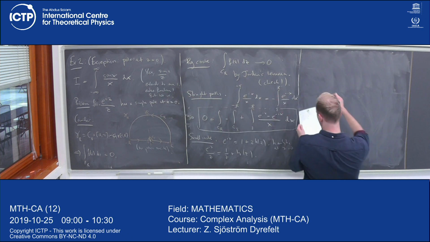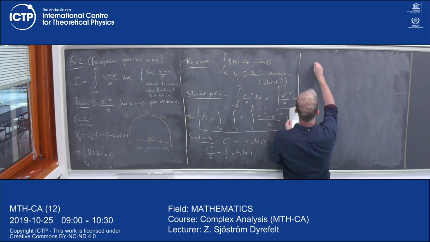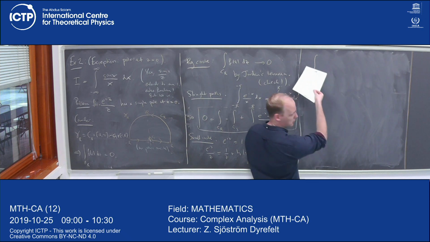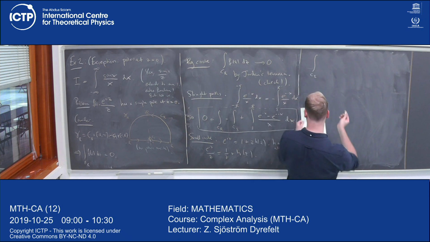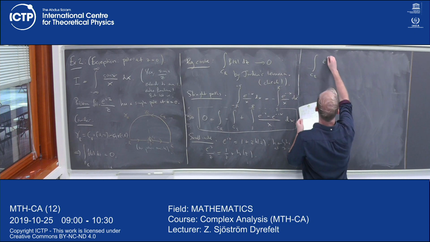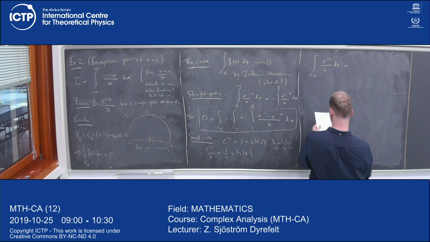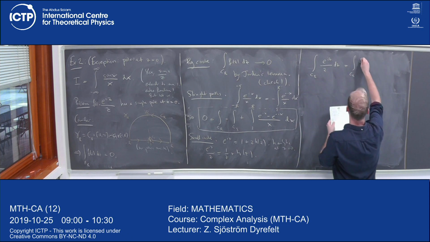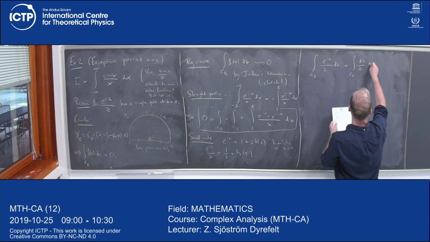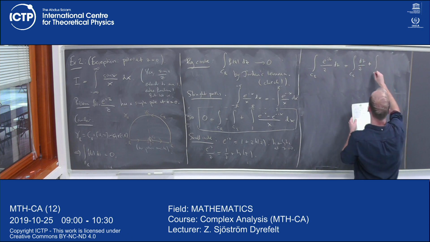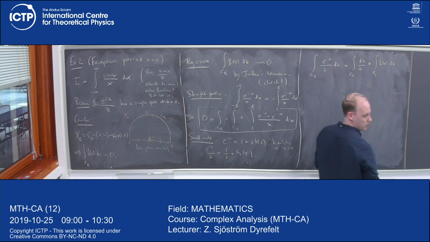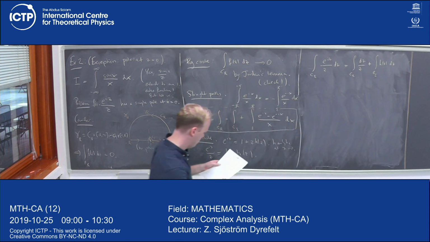So what we get is that the integral along this C epsilon of e^{iz}/z, I will care later about the minus, but let me forget the minus for the moment, is equal to the integral over C epsilon of dz/z plus the integral over C epsilon of h(z) dz. Okay?